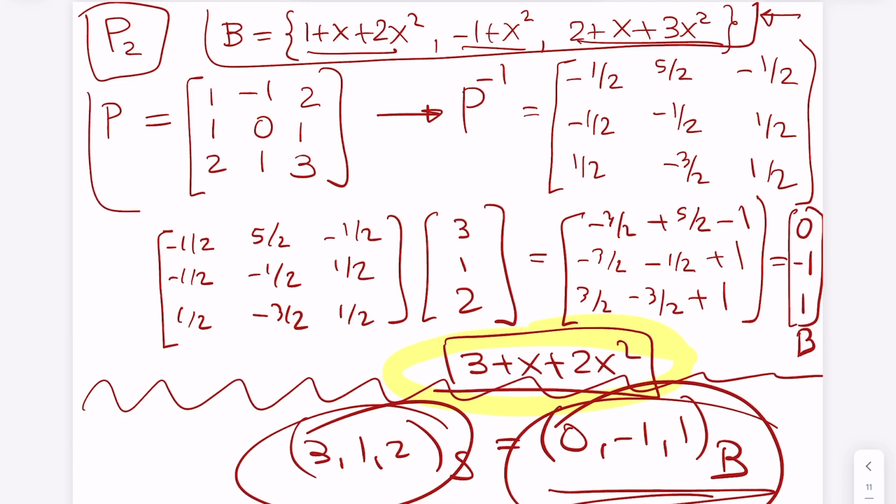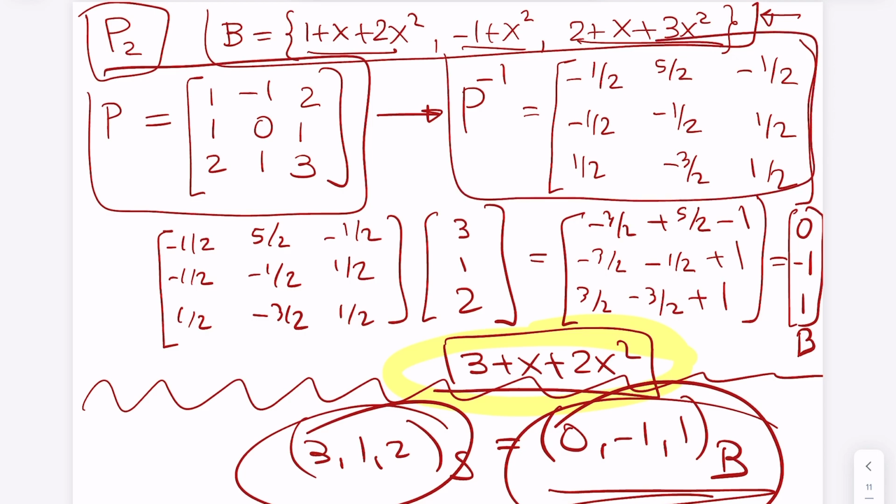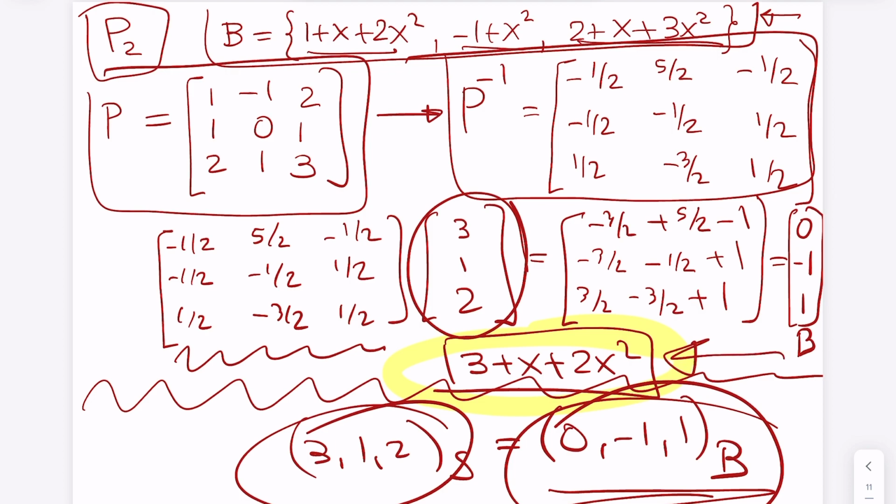Once we calculate the matrix P in that way, we calculate the inverse, by any method. Once we have the inverse, we just multiply by whatever vector we want to express in the new basis, and the result of the multiplication will be the vector in the new basis. So this was the vector in the given basis, and this now is the vector in the new basis.